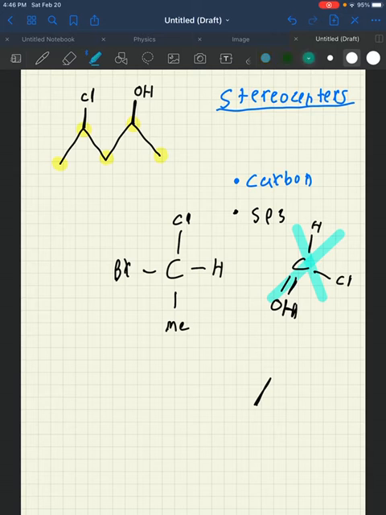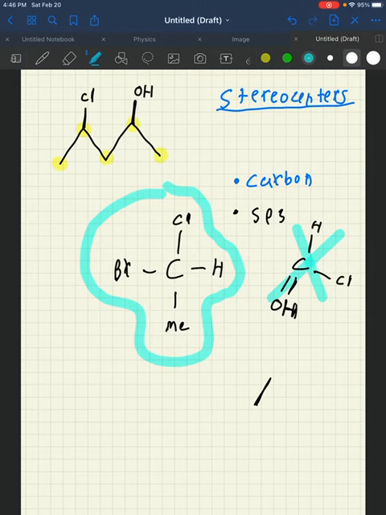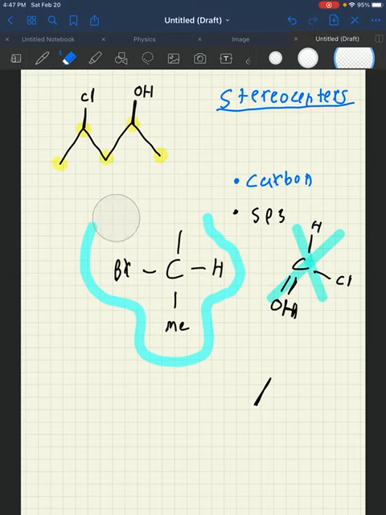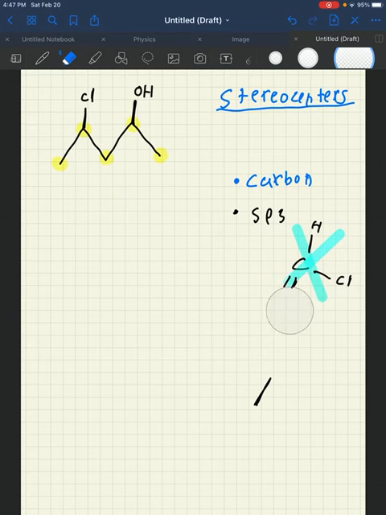This is what we're looking for when we're looking for a stereocenter. Now, this might be a little complex to translate into something like this to figure out where your stereocenters are, but it's still going to have these exact same rules. You still have to have an sp3 hybridized carbon.